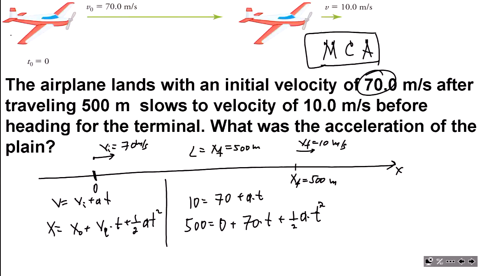Now let's look at this. What do we see? We see this. One equation, two unknowns, doesn't work. We see this. One equation, two unknowns, doesn't work. But if we look at them together, what do we see? Two equations, two unknowns. That's what we call a system.